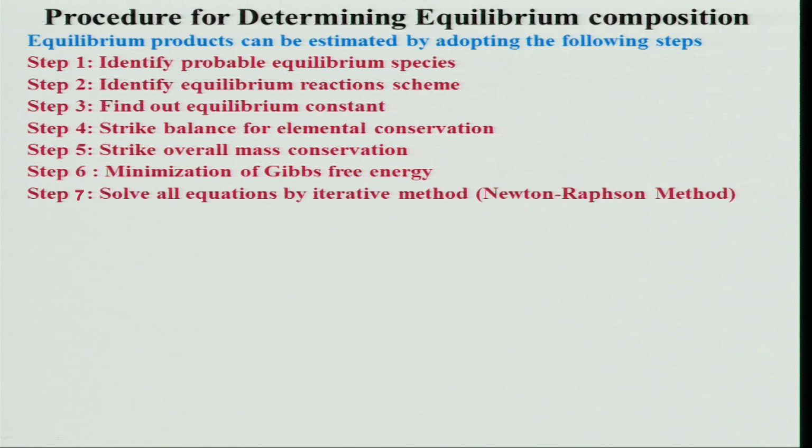The next step would be to strike a balance for elementary conservation, and strike overall mass conservation, then minimize the Gibbs free energy, and solve all the equations by an iterative method, because all are coupled equations. Although they are algebraic, they are coupled, so you need to use an iterative method.